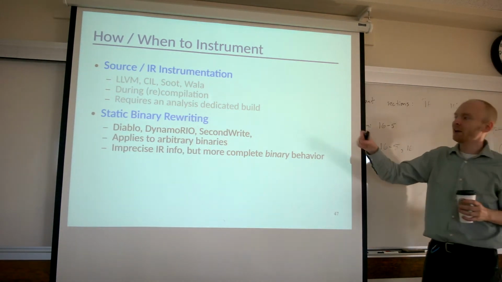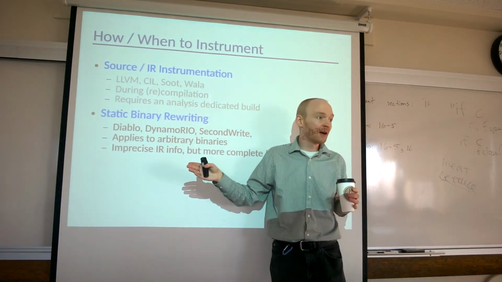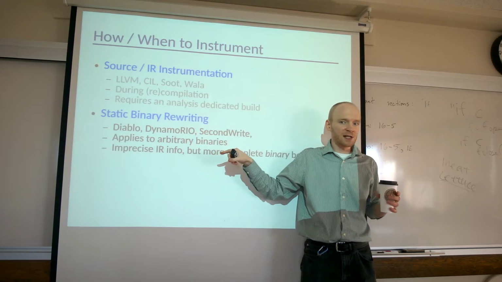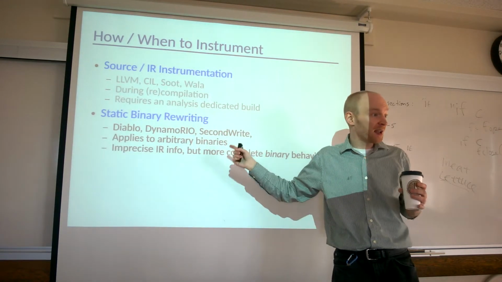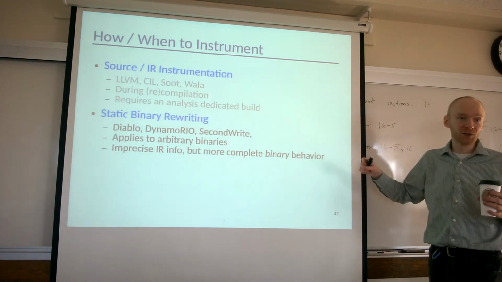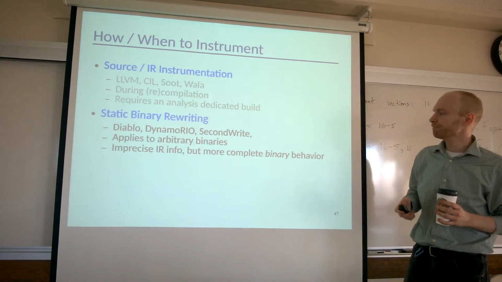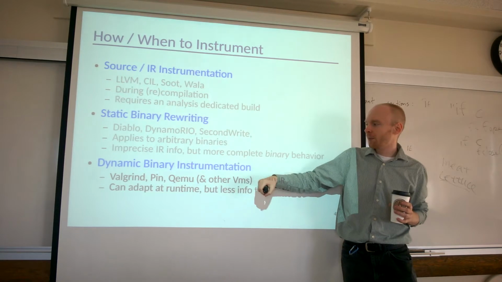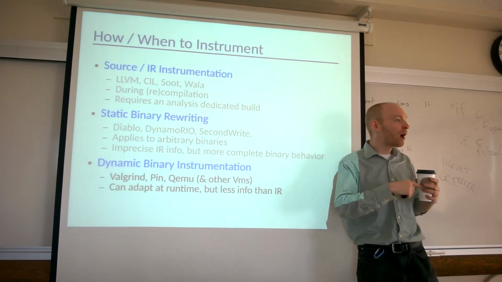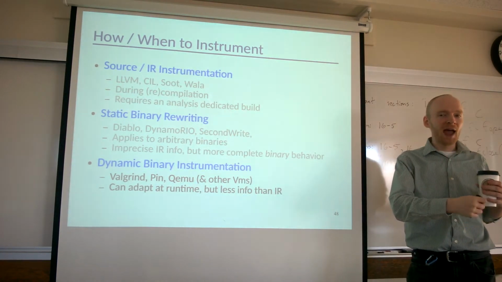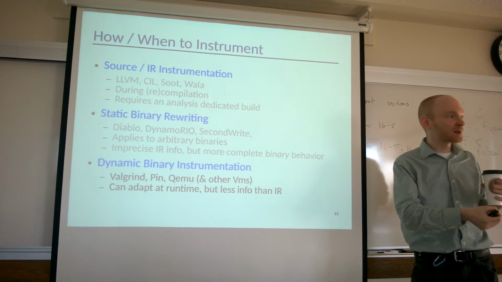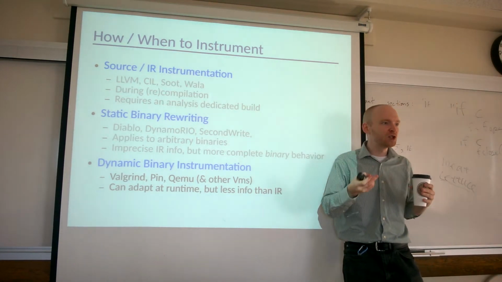With static binary rewriting, you can take a compiled binary and insert instructions into it, but this is, again, technically an impossible problem to do safely in general, so there are some risks involved. With dynamic binary instrumentation, you run a program, and as the program runs, it is interpreted, just like a JIT inside the JVM.